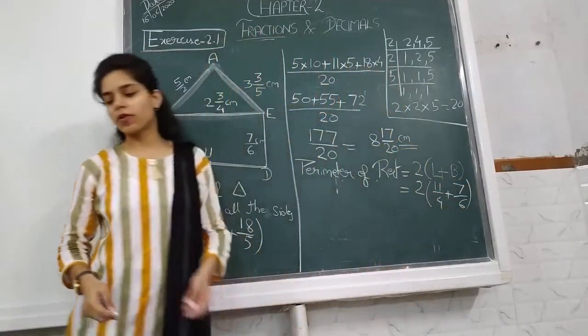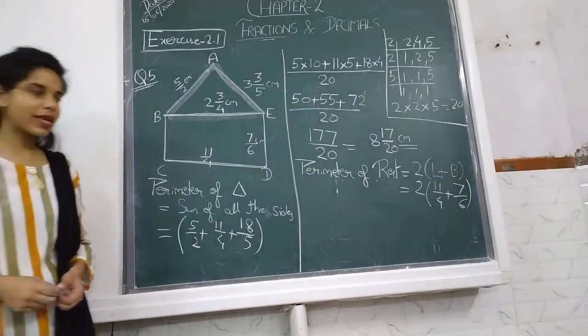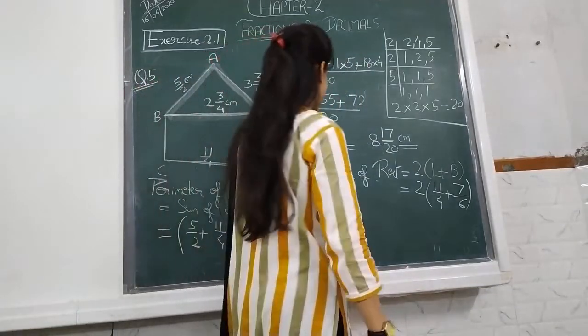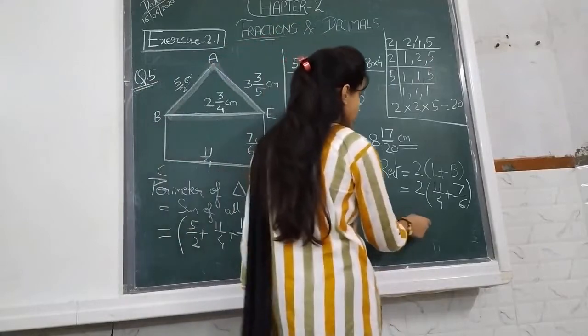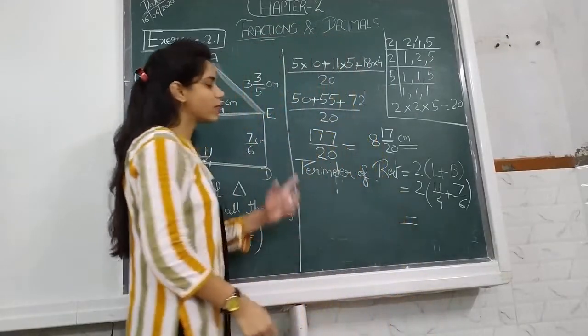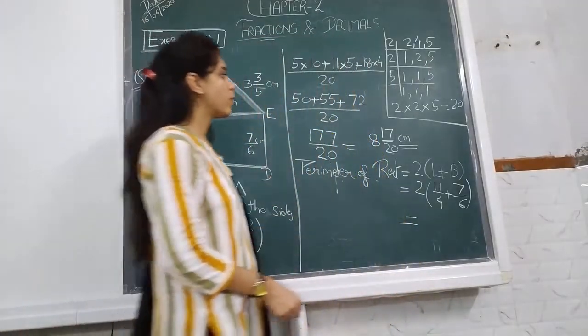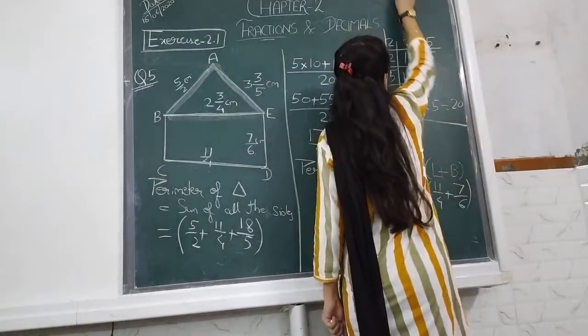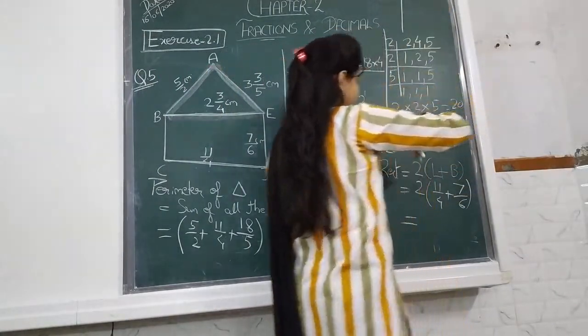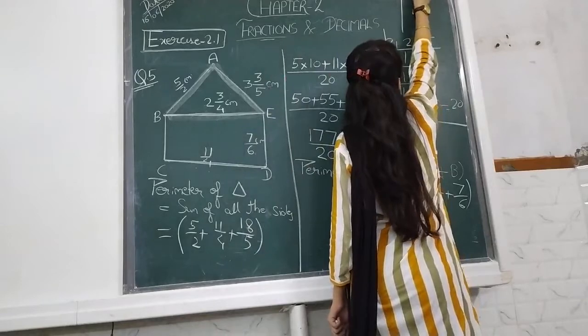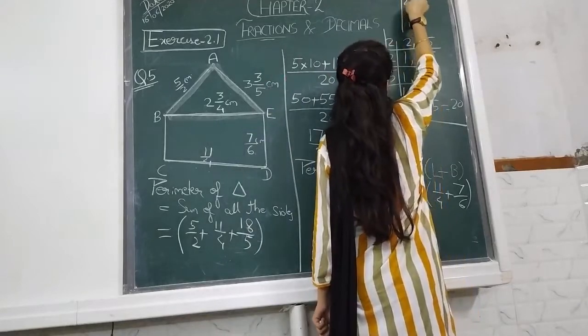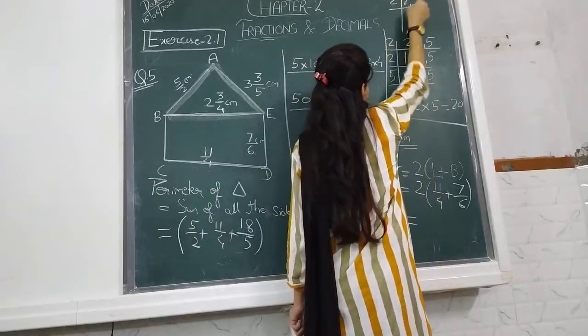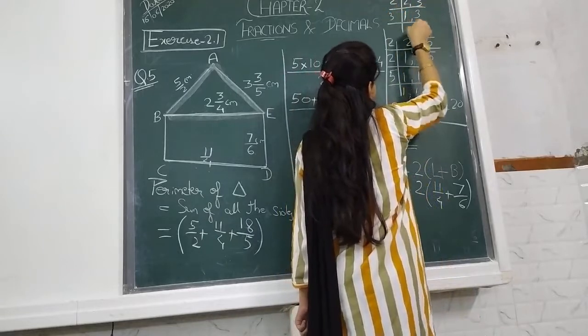11 upon 4 plus 7 upon 6. So what will be the LCM of 4 and 6? Find the LCM of 6 and 4. 2 twos are 4, 2 threes are 6, 2 ones are 2 and 3 ones are 3.